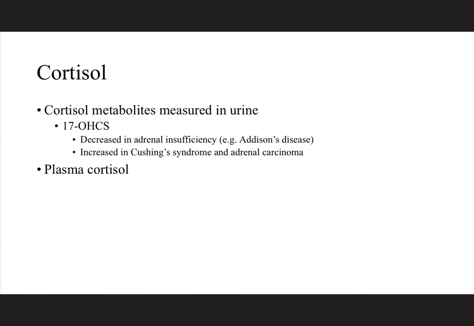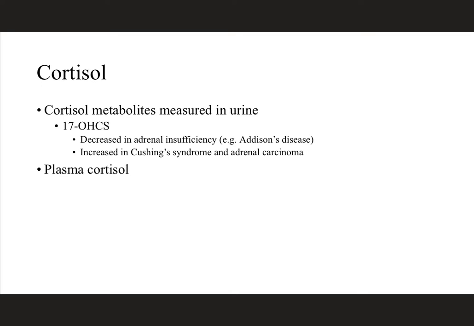In terms of measurement of cortisol, we'll actually measure some of the metabolites, and the ones that we measure are in urine. With cortisol, we will look at the 17-OHCS. It's decreased in adrenal insufficiency, which is also known as Addison's disease. It's basically where the adrenal gland has gotten lazy.